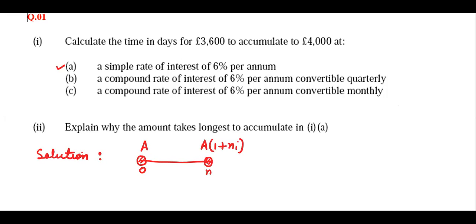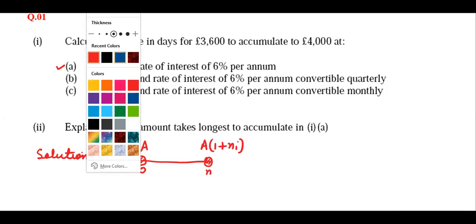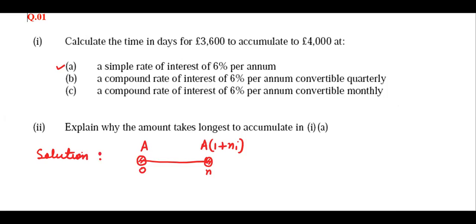A is given here, A into Ni also given here. The rate of interest is given here. We need to find N. We are not finding the accumulated value. We are finding N here. So let's write everything one by one. A is given here 3600.